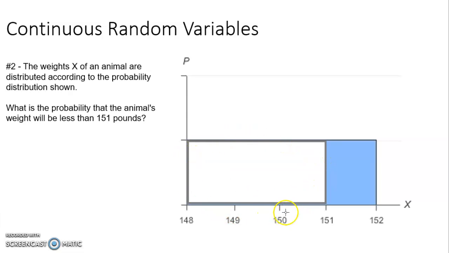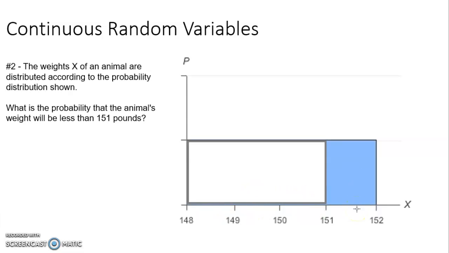What's the probability? Basically what we want to know is what percent this region is of the whole region. And we've got some numbers here across the x-axis that we can use to help us. This whole distance right here from 148 to 152 is 4. 152 minus 148 is equal to 4, or you can count the segments there, 1, 2, 3, 4.